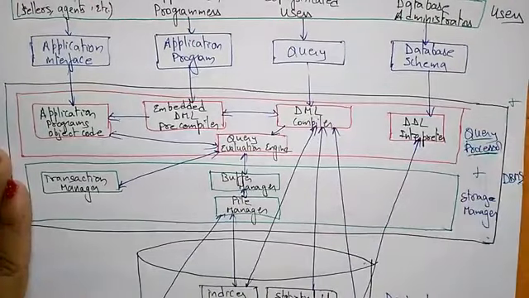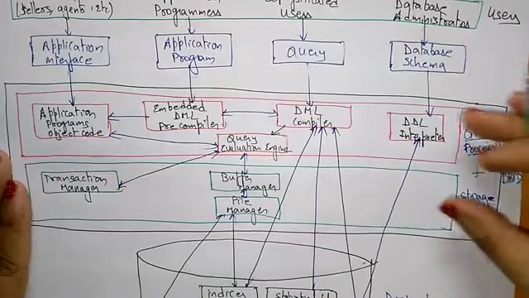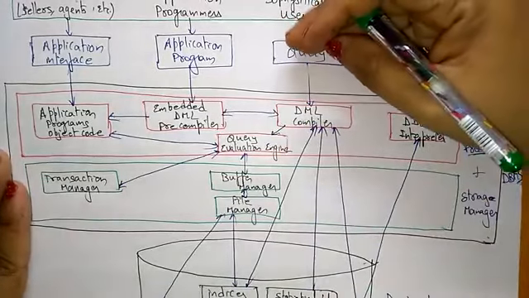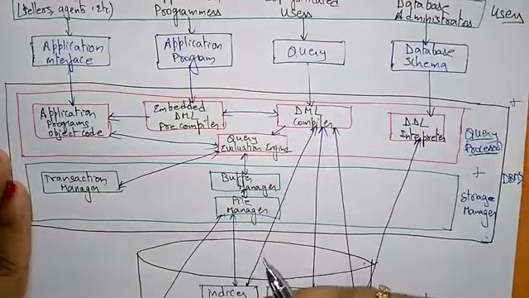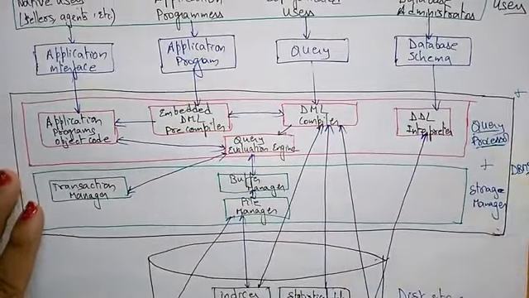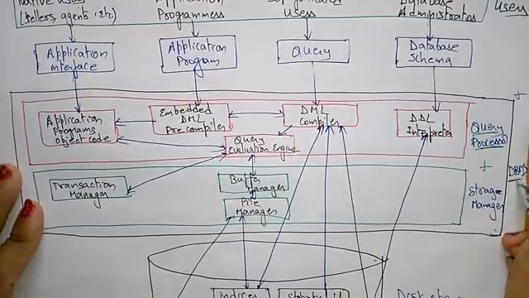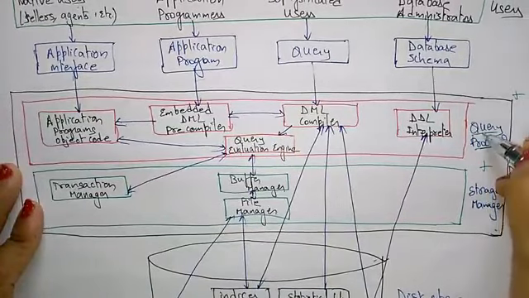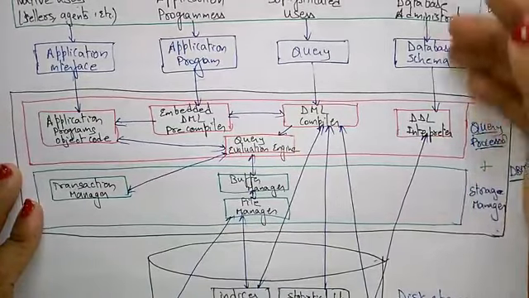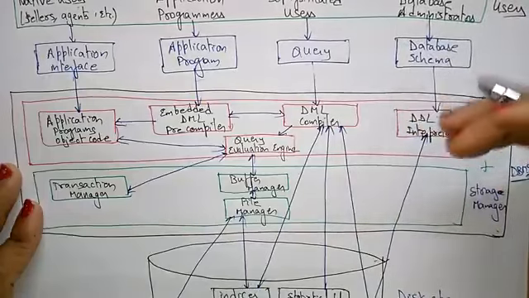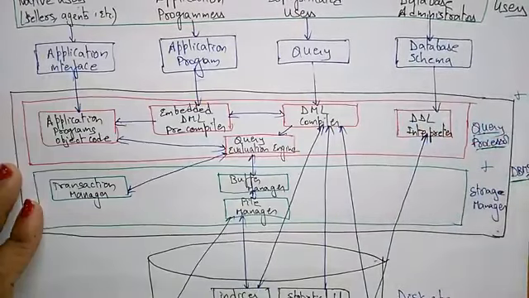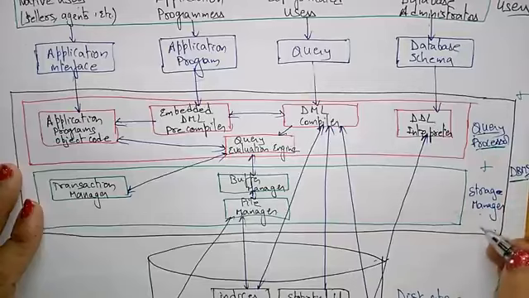So this database management system software helps to interact between the application programmer and the database. The DBMS consists of the query processor, which is used to translate the language we have given, plus the storage manager.